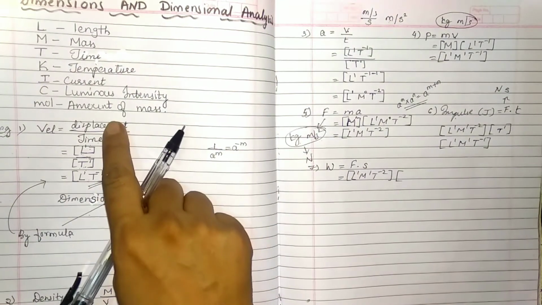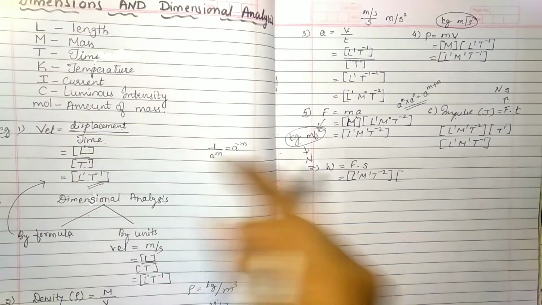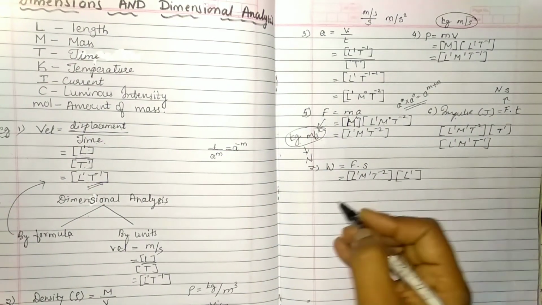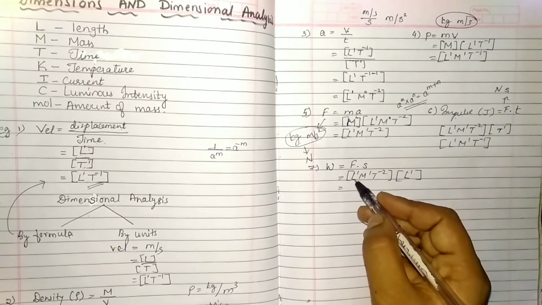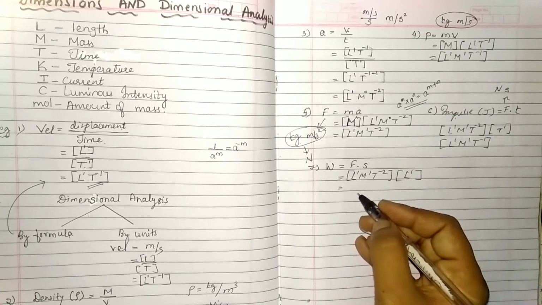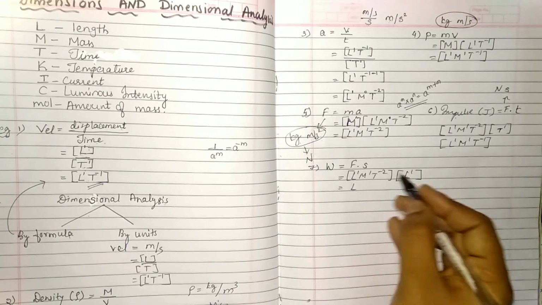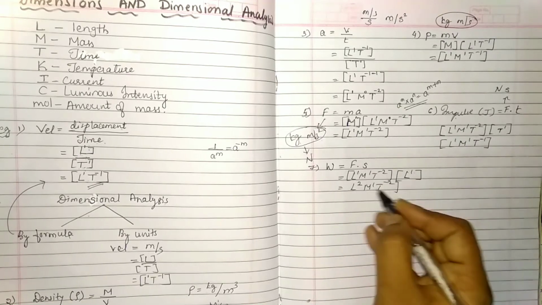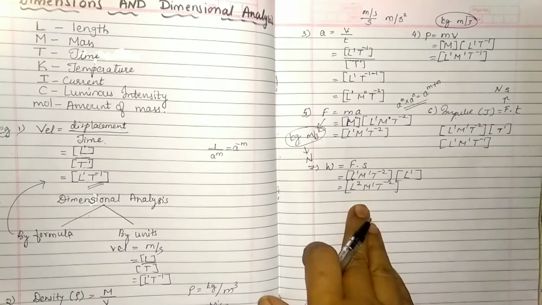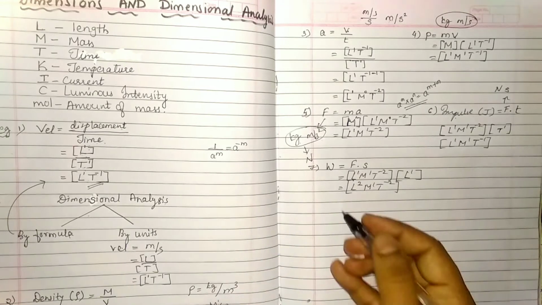We already took displacement as length in velocity, so it is L1. If you apply these indices once again, you can say 1 plus 1 is 2, m1 t raised to minus 2. So this is how we can analyze the work.